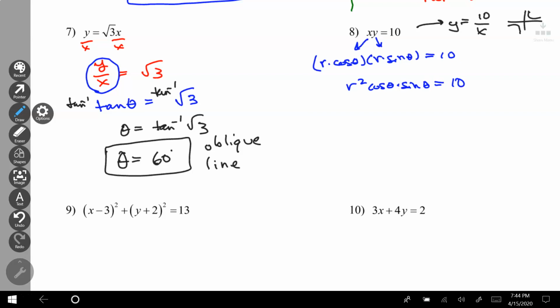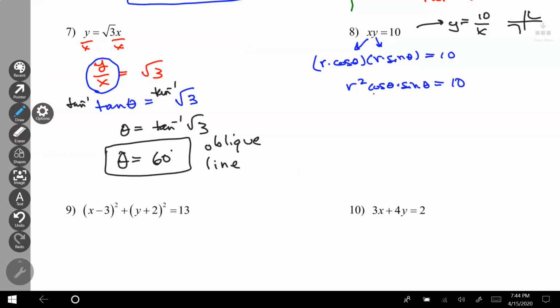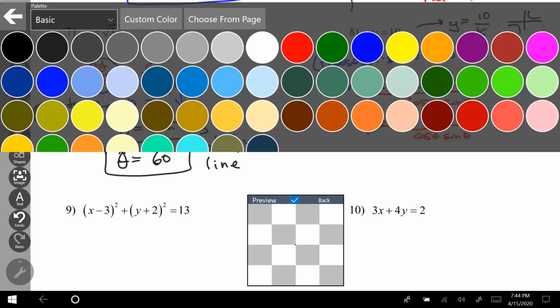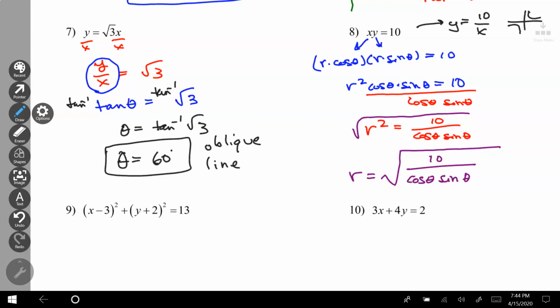I'm going to divide it out: r squared is equal to 10 over cosine theta sine theta. Then I could just take the square root of it all. I get r equals the square root of 10 over cosine theta sine theta.